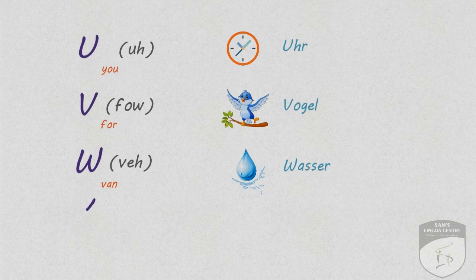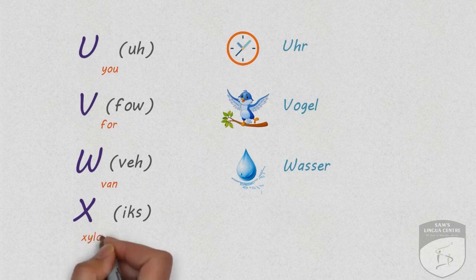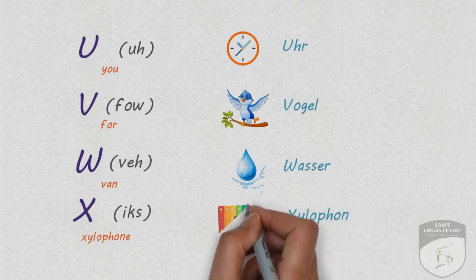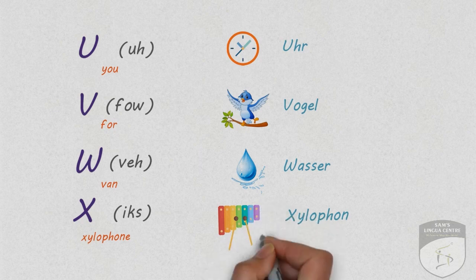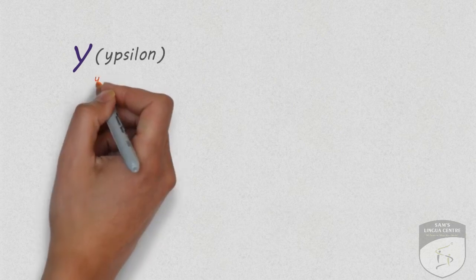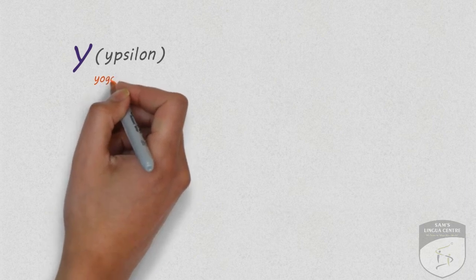The next letter is X. X, which is pronounced like the X in the word xylophone. The German translation for xylophone is very similar. In German we say Xylophon. The next letter is Y, which sounds like yoga.